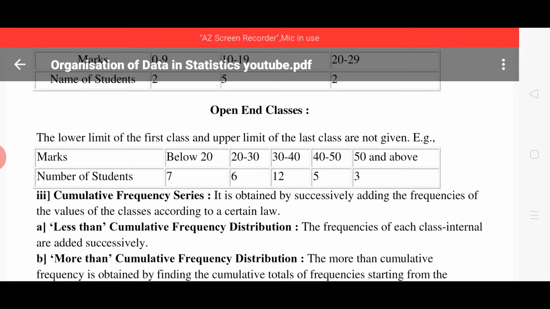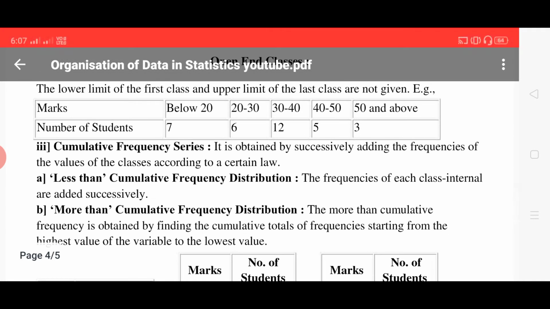Then cumulative frequency series. It is obtained by successively adding the frequencies of the values of the class according to a certain law. Suppose below 20 is 7, 20 to 30 is 6, then we add 7 plus 6, 13. That will be the CF. We will do this in the next chapters.